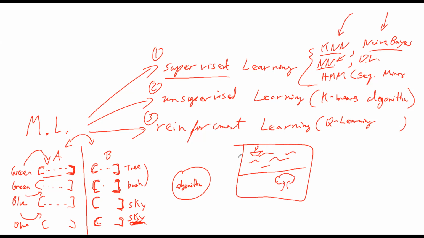So if you're building a machine learning algorithm, what do you want it to do? You want the machine learning algorithm to figure out how to process this image, and then maybe it takes this segment and it takes this segment. So this segment is going to be green, right? So then basically you want that to be labeled as, no, it's green. So should be, let's just say tree.